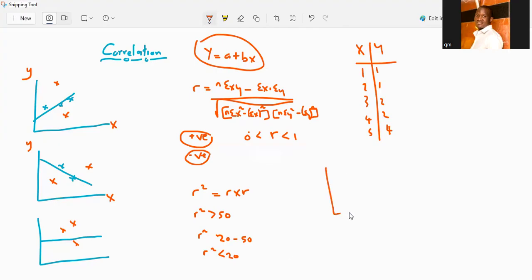So let's sketch: this is our Y, this is our X, this is our 0, this is our 1, 2, 3, 4, and 5. So 0, 1. Are we together?